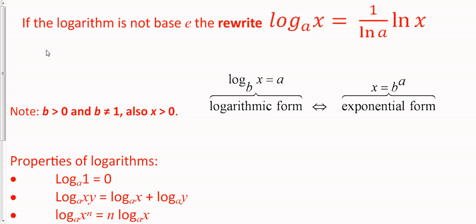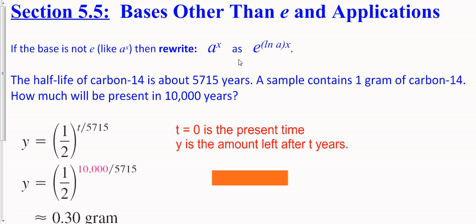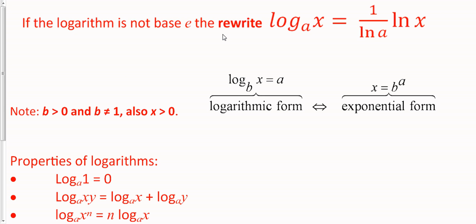Now, in the last slide, we talked about, well, what do you do when you have a number raised to a variable that's not e? And we said, well, you got to use this formula here to change it. Well, if you're dealing with a base that's not base e, we would want to change it to base e by using our change of base formula. Basically, we want to take the log base a of x and go 1 over the natural log of a, all multiplied by the natural log of x.